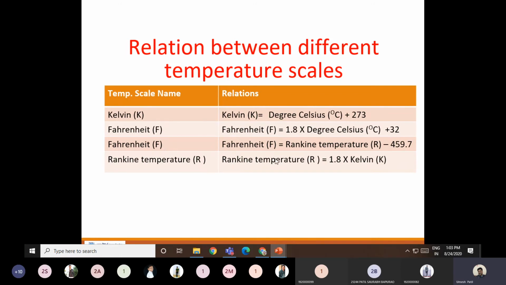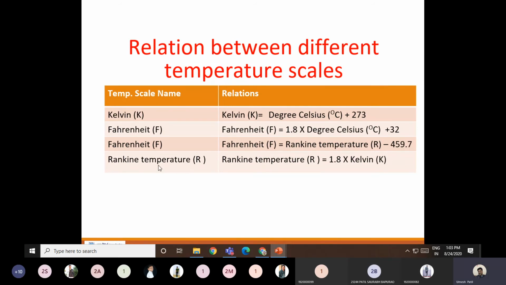Similarly, Fahrenheit scale is related with the Rankine temperature scale. So temperature reading in Fahrenheit is equal to temperature recorded by the Rankine thermometer minus 459.7. So by using this mathematical equation, we can convert temperature measured in Rankine into temperature in Fahrenheit or vice versa.